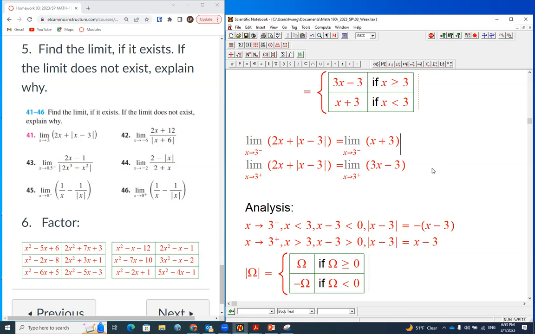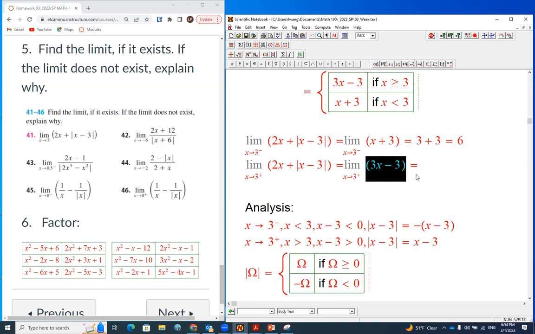Now, x approaching 3 from smaller than 3, and this is a polynomial, so it's a direct substitution, which must be 3 plus 3 equals 6. And this other one is also direct substitution because it's a polynomial.